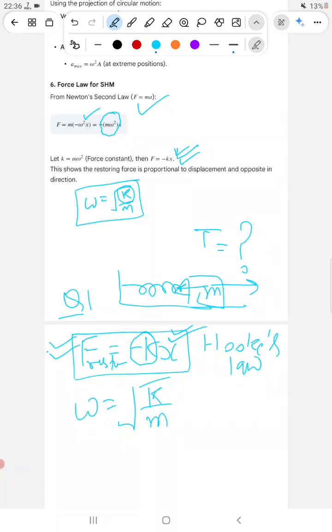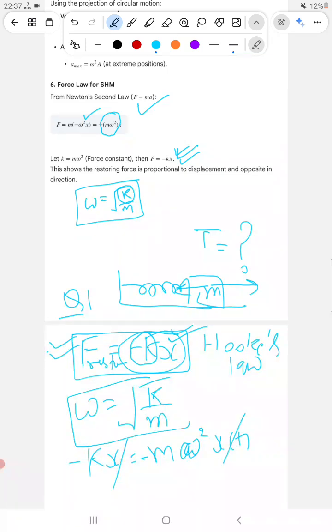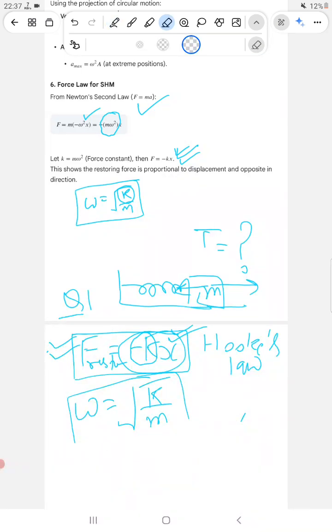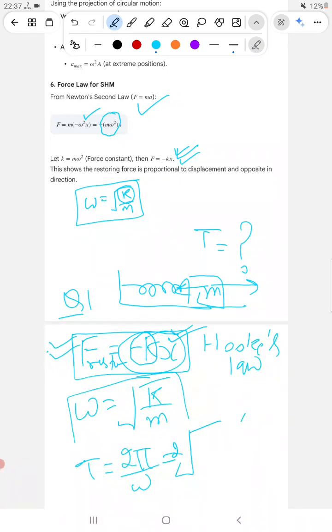If you compare minus kx is equal to ma, which is nothing but minus omega square xt, then minus cancels out, xt cancels out, and you get omega is equal to root k upon m. So the time period of oscillation T is equal to 2 pi upon omega, and omega is root k upon m, so T is equal to 2 pi root m upon k.